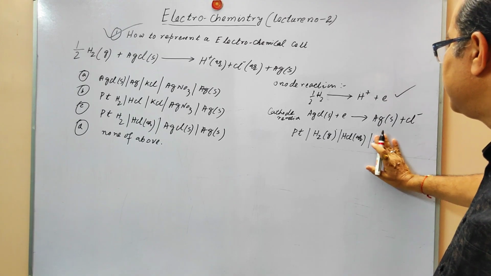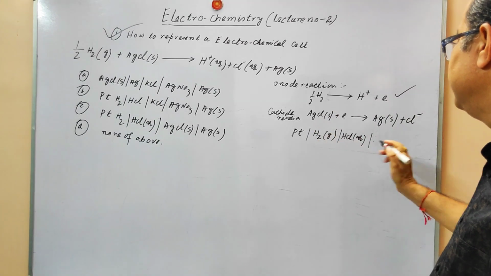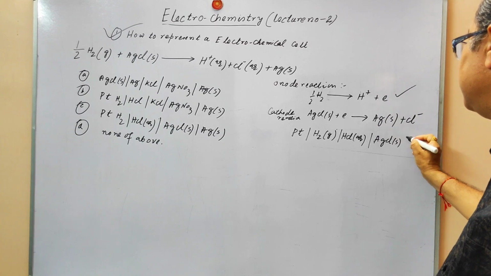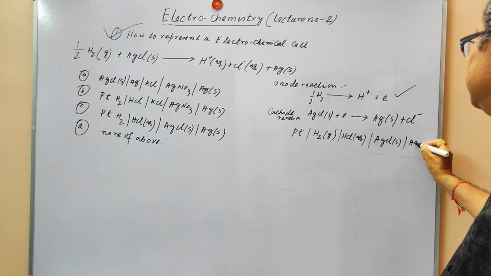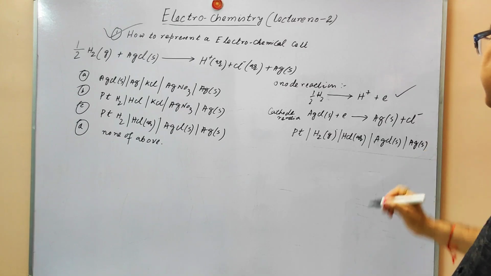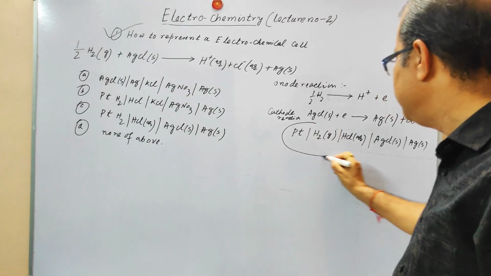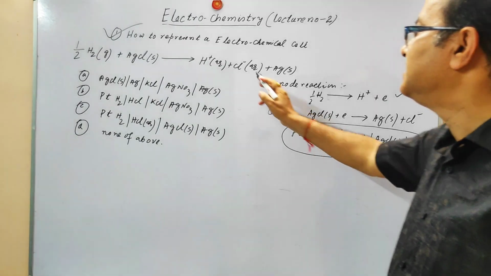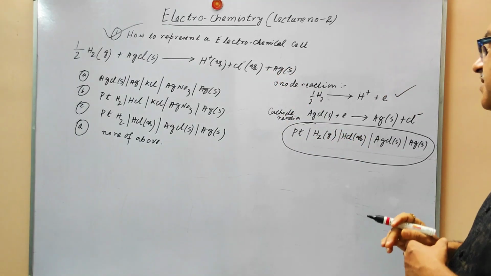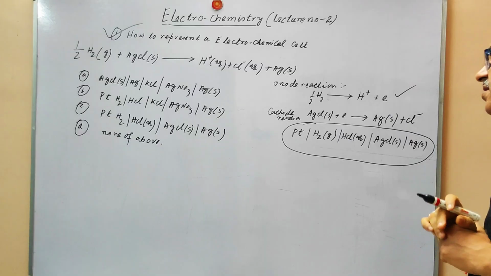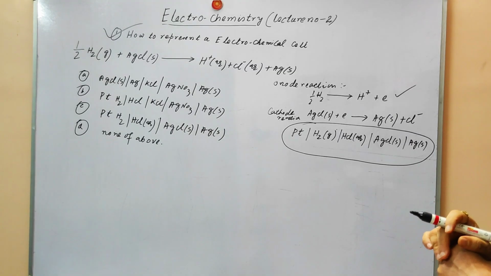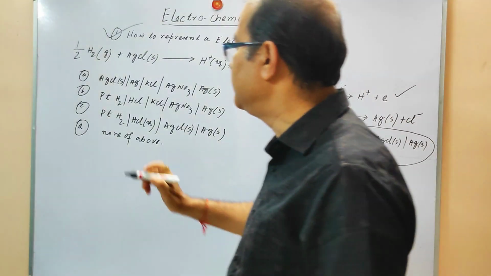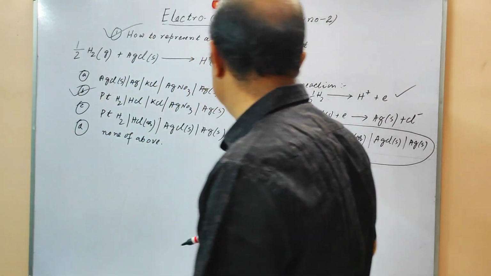First we have to write AgCl, then the product is Ag, silver. So this will be the representation of the cell for that reaction. This reaction is carried out in this galvanic cell. So here you can see B is the right answer.